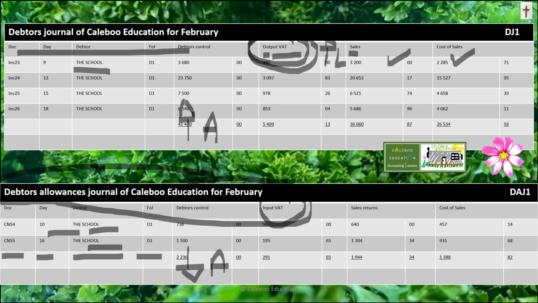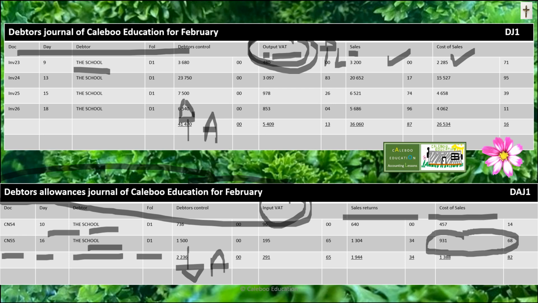And you had sales originally in the debtors journal, and now we're looking at sales returns. And then we also need to go and make amends in the cost of sales column. We only record in this column if the stock was returned to us, the physical stock.